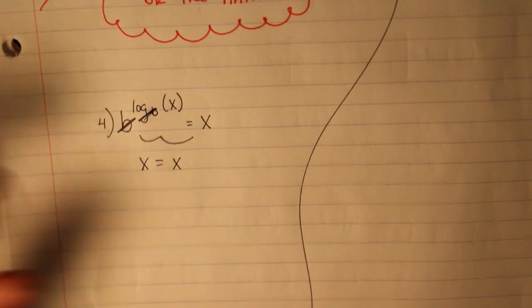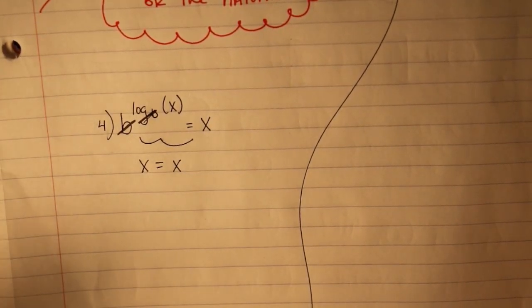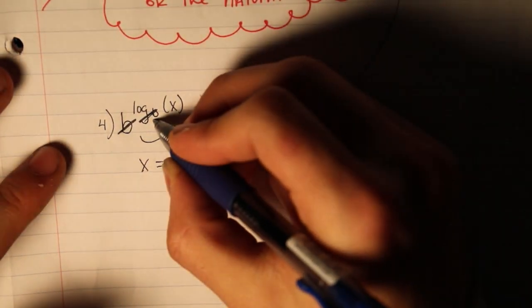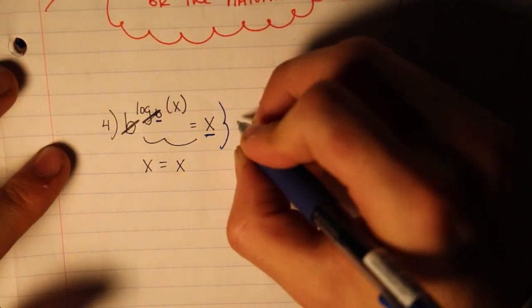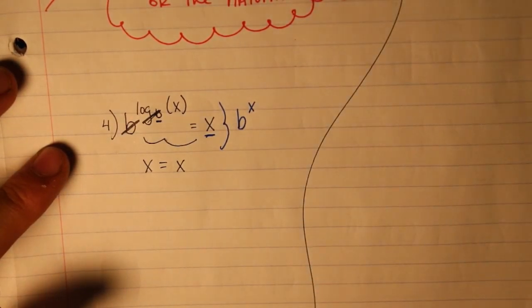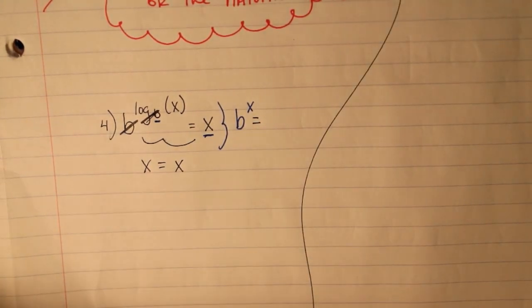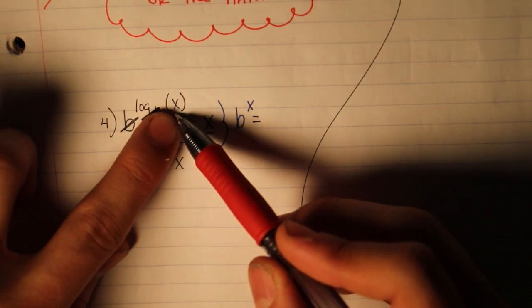All right? And if we really want to go into this, it's going to get a little messy here. So if you want to skip over this part, you're more than welcome to. But all I'm going to do is change it from logarithm form to exponential form. Base b to the x. You have base b to the x. Then we have it equals our bottom here, because this is to the power of this.